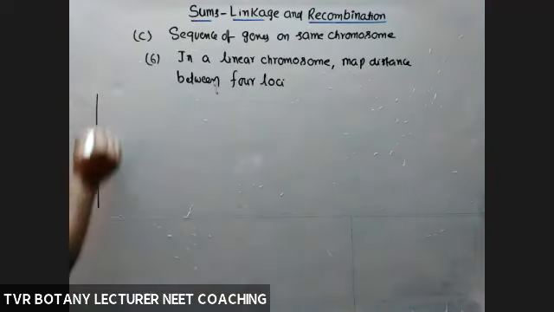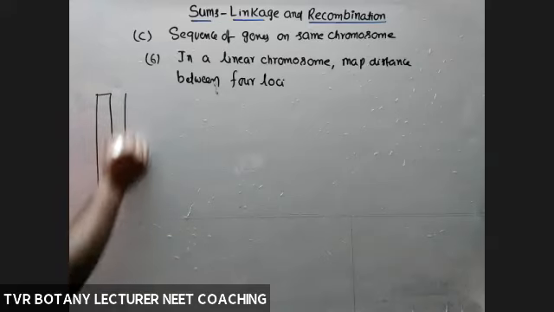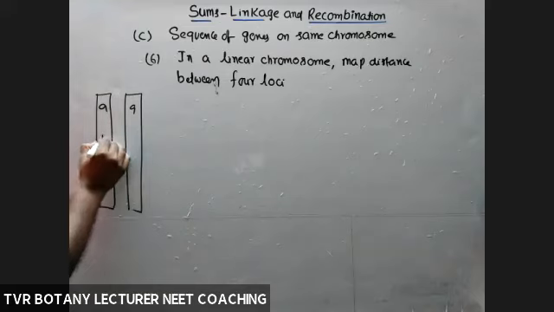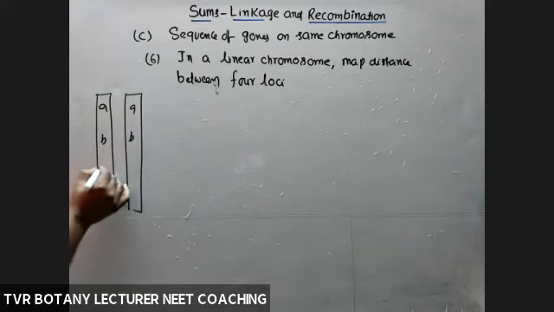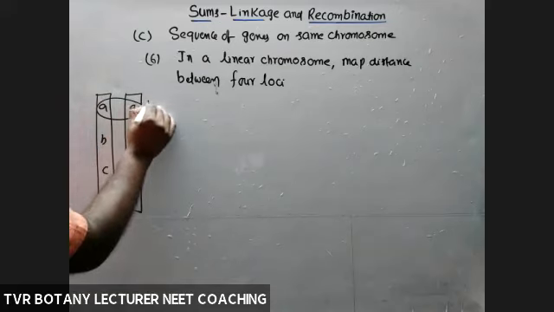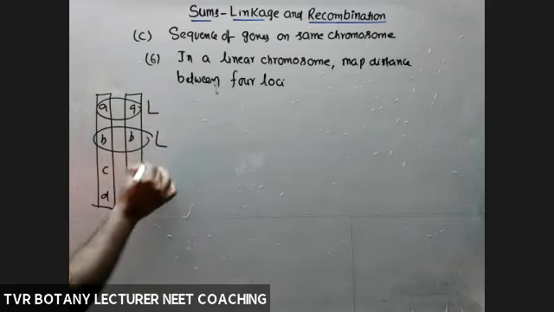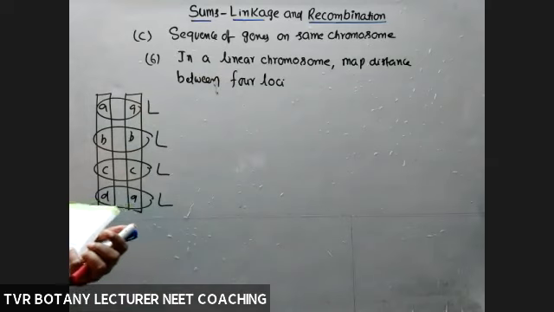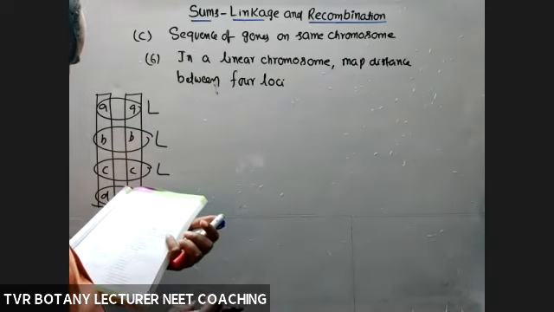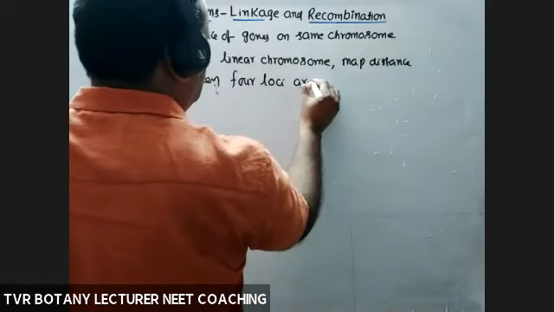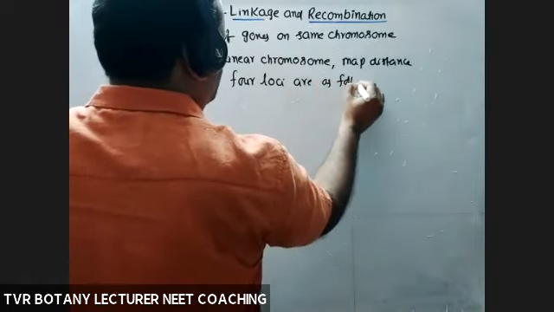Four loci means, for example, this is a bivalent: A, B, for example only, C, D. This is locus 1, locus 2, locus 3, locus 4, the location of concerned genes. Four loci, plural. Okay, the distances between the four loci are as follows.